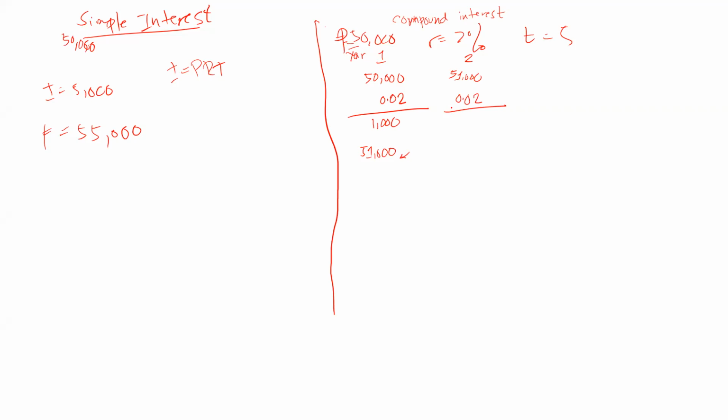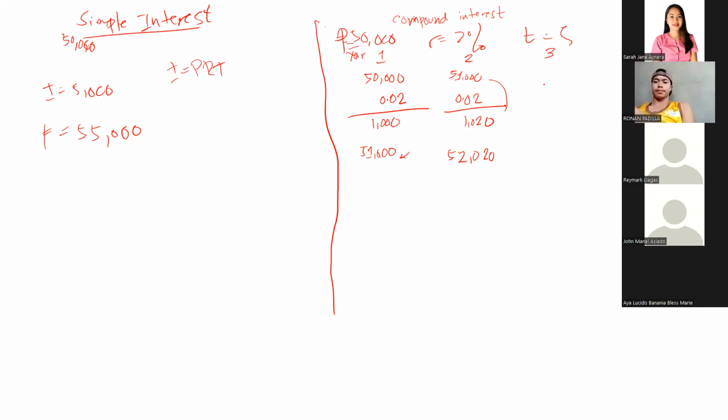So 51,000 times 0.02, 1,020. So kung gusto mo na siyang bayadan for the second year, ang babayadan mo na gabos-gabos, 51,000 plus 1,020, 52,020 pesos.